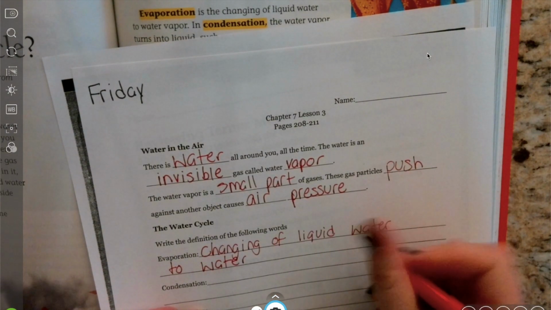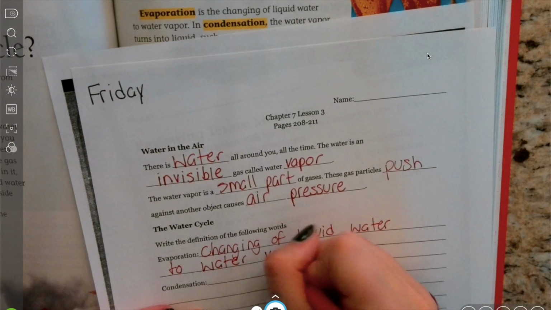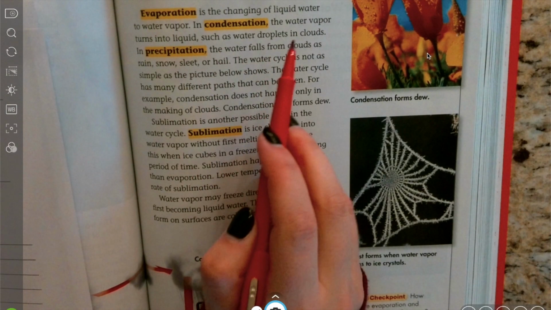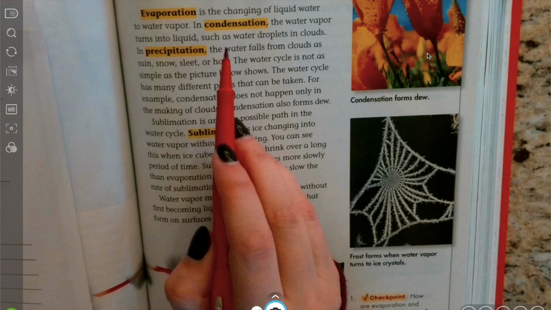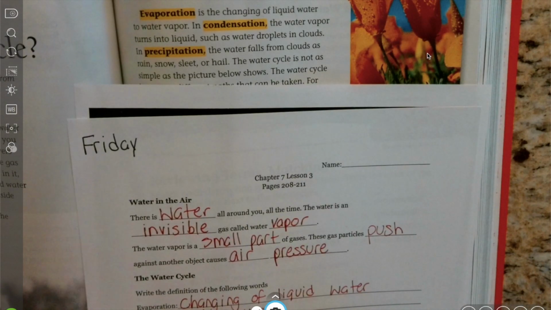So like in a glass of water, you're able to see that, whereas the water vapor, you're not able to see. In condensation, the water vapor turns into liquid, such as water droplets in clouds. So water vapor turning into liquid water.